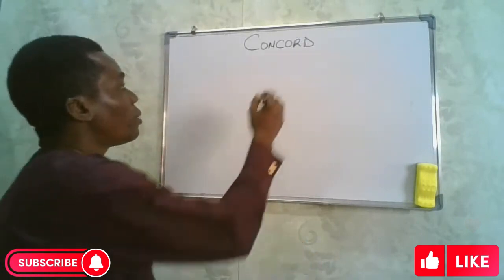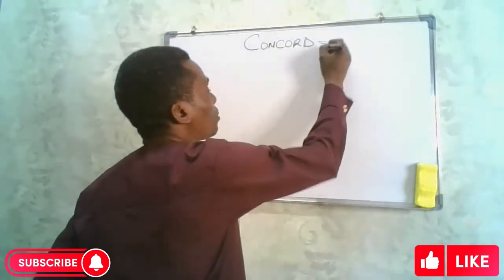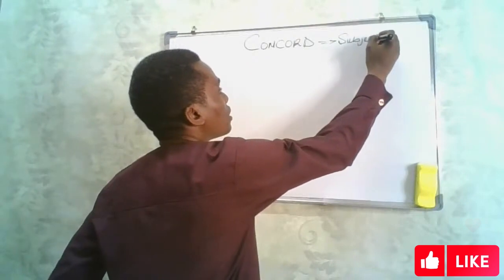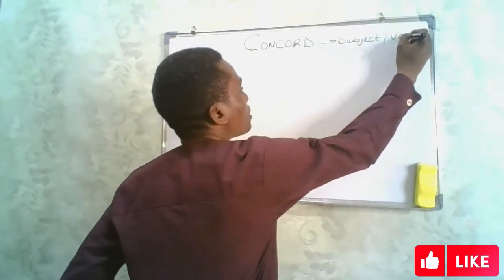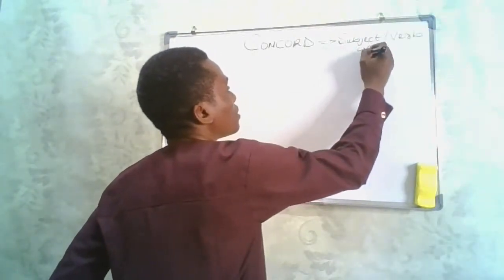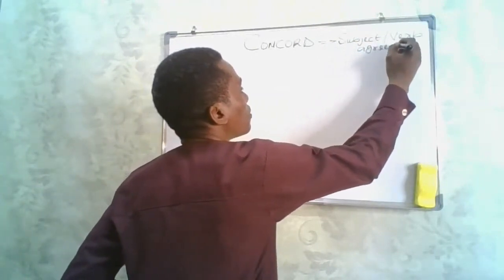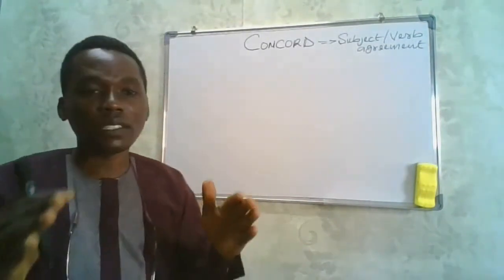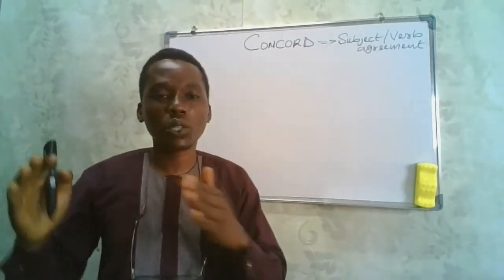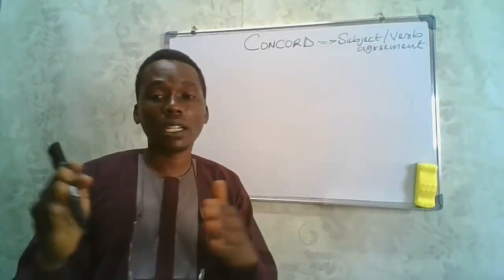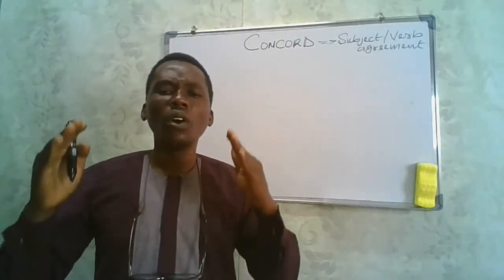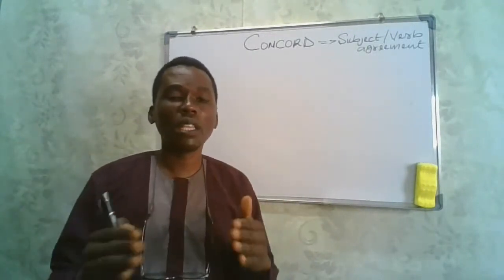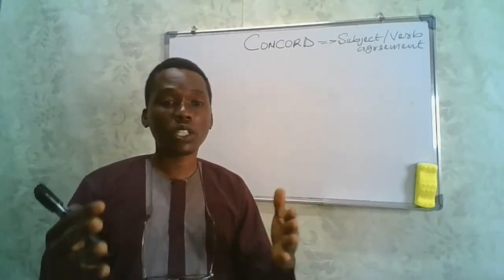Now, when we talk about subject verb agreement, for any sentence to make sense, there must be an agreement between the subject and the verb. Now, guess you still remember what subject and verb mean. From our last classes, we have discussed that.